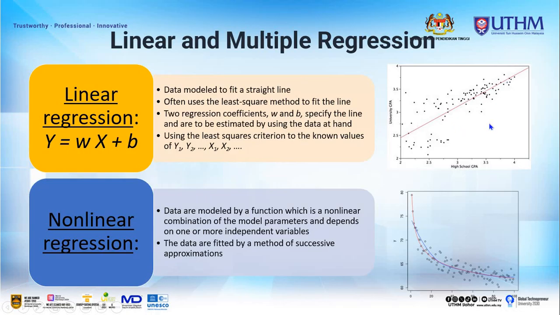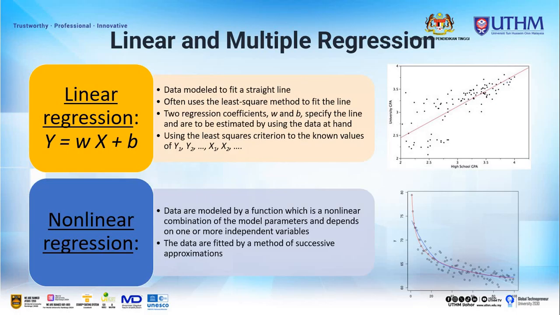The equation can be y equals wx plus b. Here y is the response variable, x is the predictor variable, w is the slope or the regression coefficient, and b is the intercept. Generally, what we learned during our school time was y equals mx plus c, right?